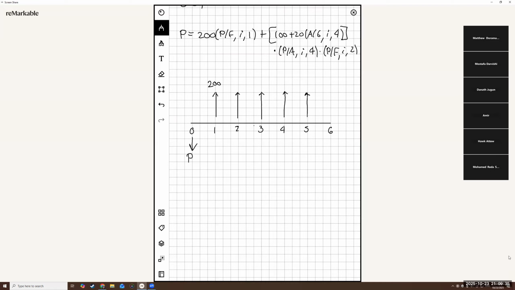Don't we also know it's going to be $100? Yeah, we know. So 4 installments. But just keep in mind that since we're going 2 years into the past, it's supposed to start on year 3.